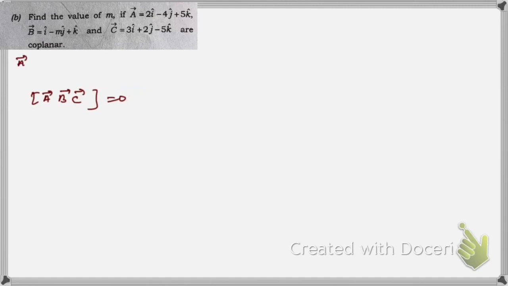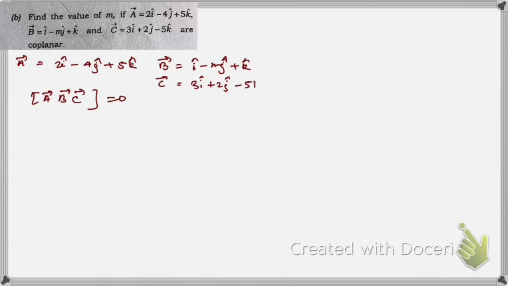Vector A is equal to 2i cap minus 4j cap plus 5k cap, right? And vector B is equal to i cap minus mj cap plus k cap, right? And vector C is your 3i cap plus 2j cap minus 5k cap.